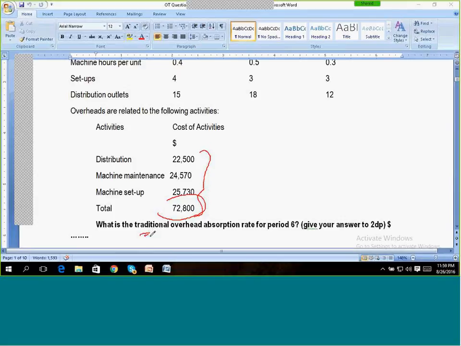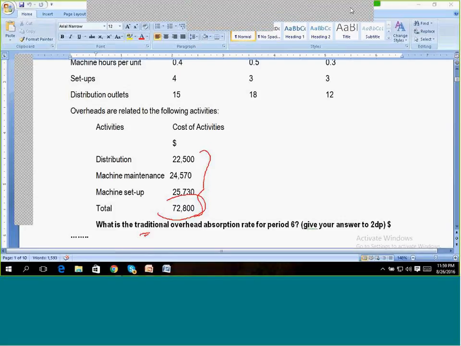So for traditional overhead absorption, we have to go either by machine hours, or by labor hours, or by number of units. Now you agree with me, here you can't go by number of units.